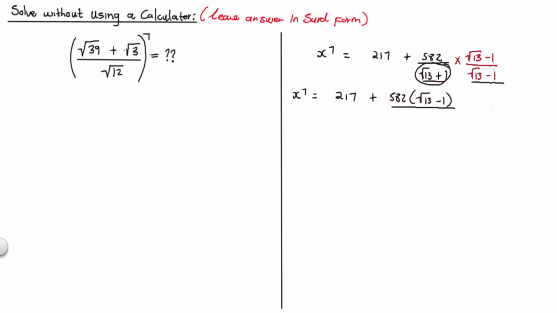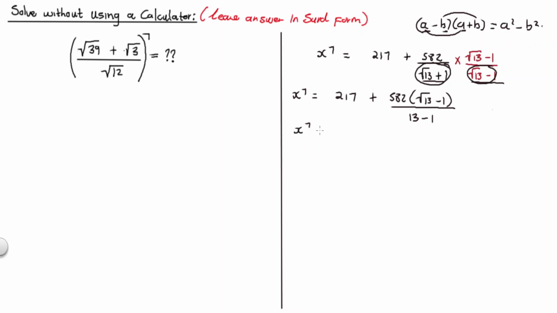We're basically saying a minus b times a plus b is equal to a squared minus b squared, where a is square root 13 and b is 1. So square root 13 times square root 13 is 13, minus 1 times 1 is minus 1.